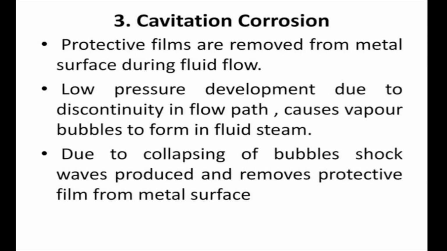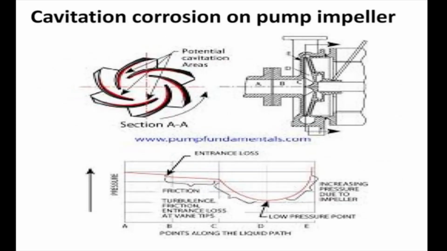Protective films are removed from the metal surface during the fluid flow. That is very obvious. Low pressure develops due to discontinuity in the flow path, and it causes vapor bubbles to form in the fluid stream. Due to the collapsing of these bubbles, a shock wave is produced and removes the protective films from the metal surface, which creates a type of corrosion that is very common in turbine vanes or turbine blades.